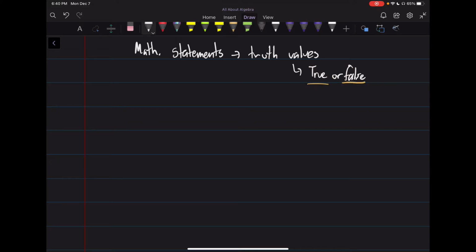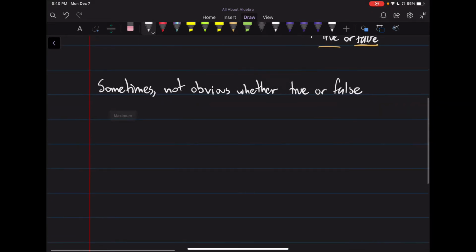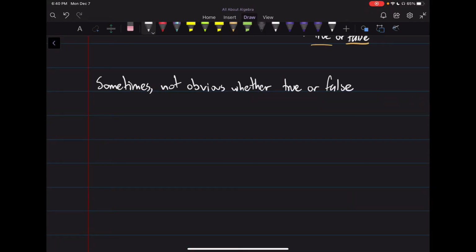oftentimes, it is not obvious whether it's true or false. So sometimes we can't simply just say this statement is true or this statement is false, right? And how can we show this?